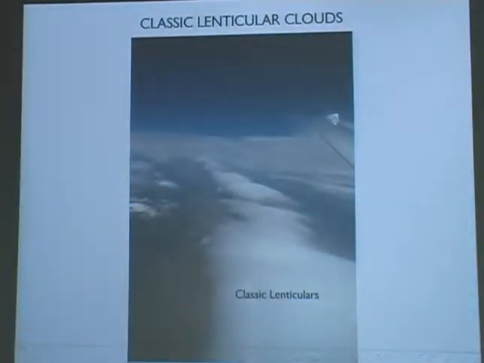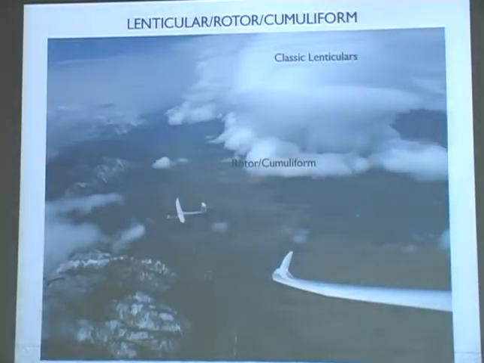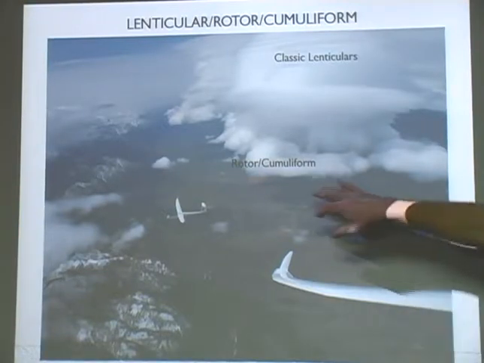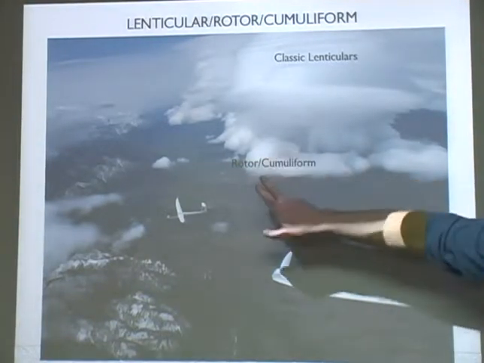Okay, now let's look at some clouds. So this is your classic lenticular, like I showed in that first diagram of clouds. So there's a layer of moisture down low, beautiful wave clouds. You know exactly where the lift is. Here, I like this one because you can really see the cumuliform clouds down here.